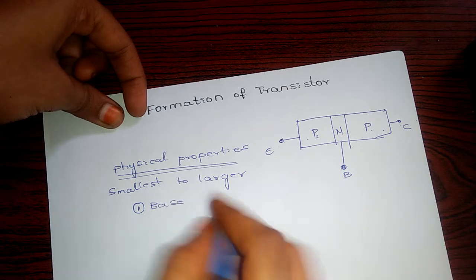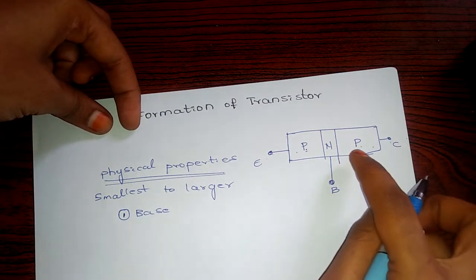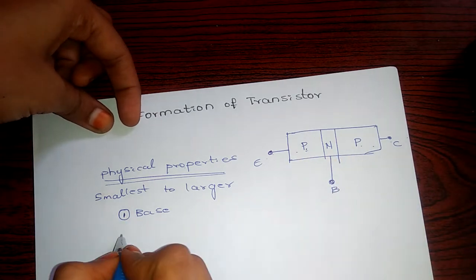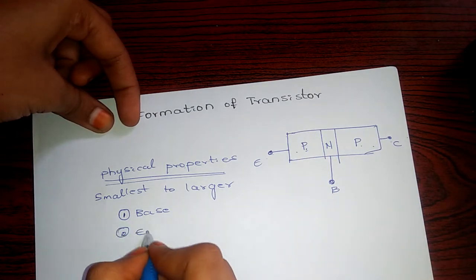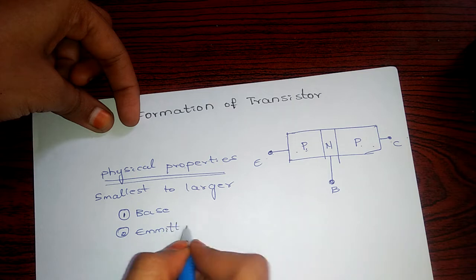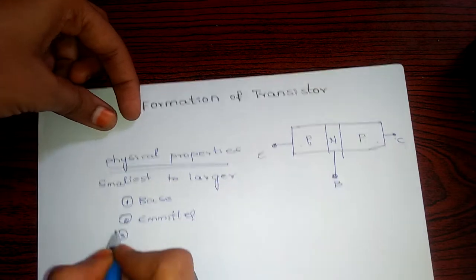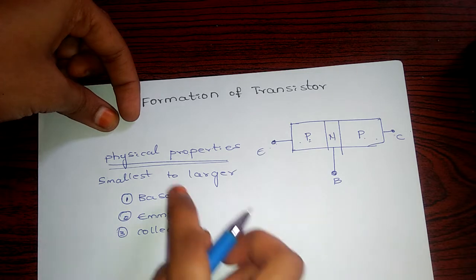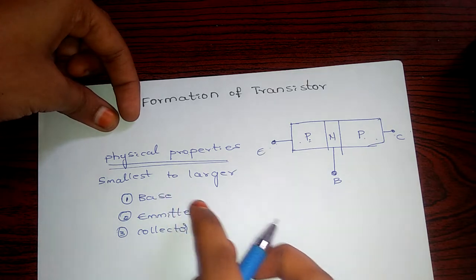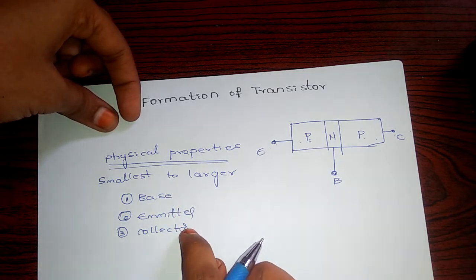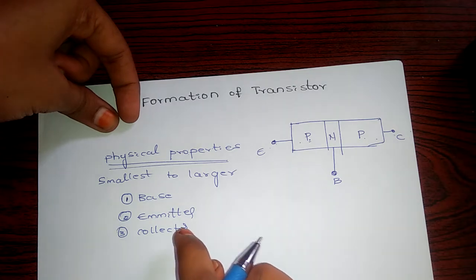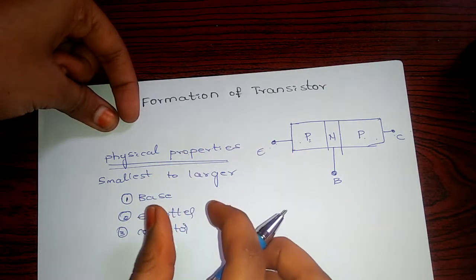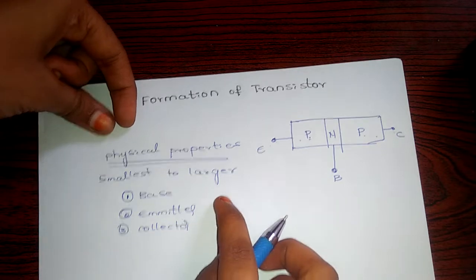It is very small in appearance and physical properties. And the next one is emitter. And next one is collector. Collector is much larger than both base and emitter, as to dissipate the heat generated in the transistor, the collector region has more space than base and emitter.